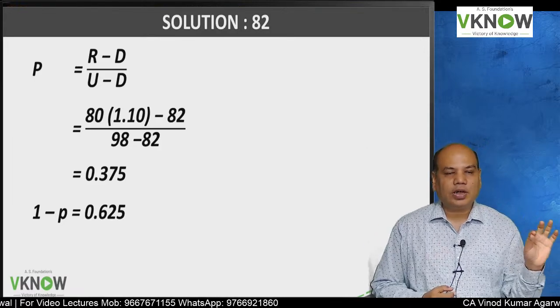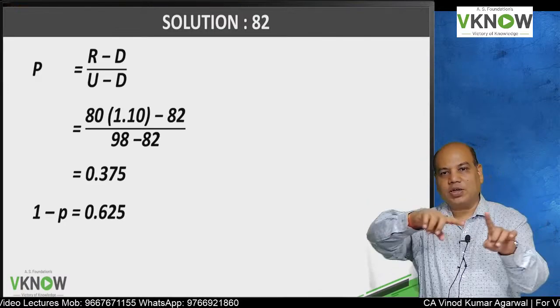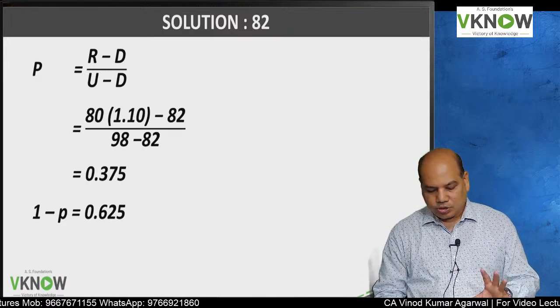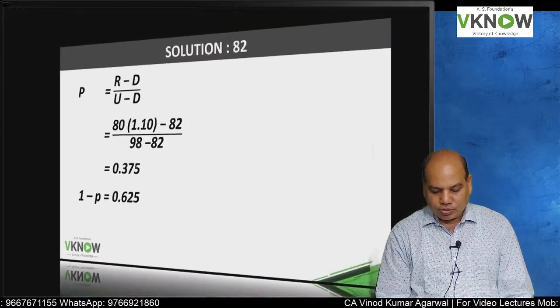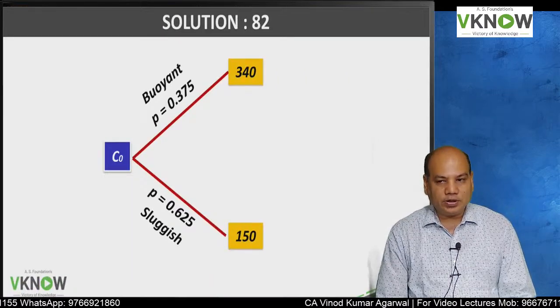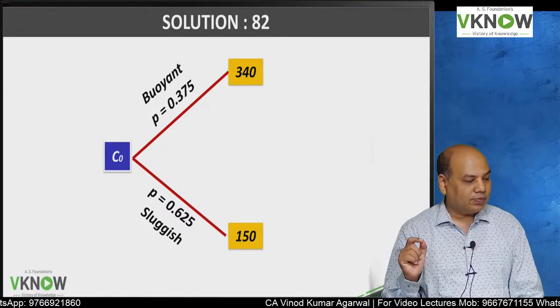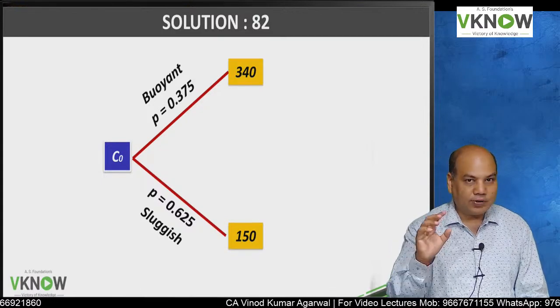We have got the value of the call option when the price will rise, 340, and when the price will fall, it was 150 or something. So just multiply these probabilities and those values, you will get the expected NPV. Sajid is also right, probability 0.375, very good.